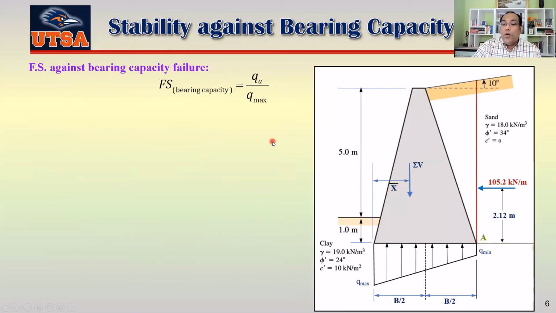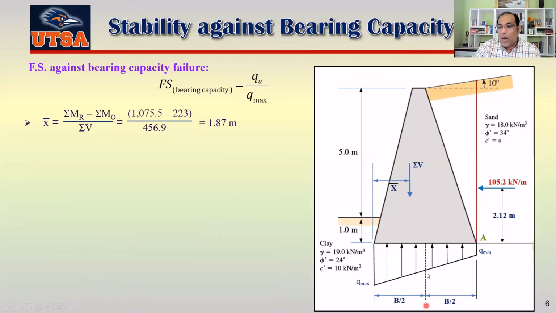Okay, so first of all, if I want to find out my X bar, this is the formula we are going to use: the moment for resisting minus the moment for overturning, divided by summation of V. So we get 1.87 meter. So the summation of vertical force is working from here to here, which is 1.87. But we know this is the center line of that wall.